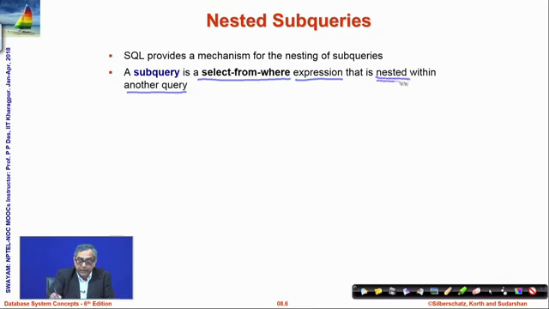It is nested within another query, and that is the reason it is called a subquery. So, by itself it is not the result. This is a select from where expression that will be used in a nested form in some other query to actually generate the result.